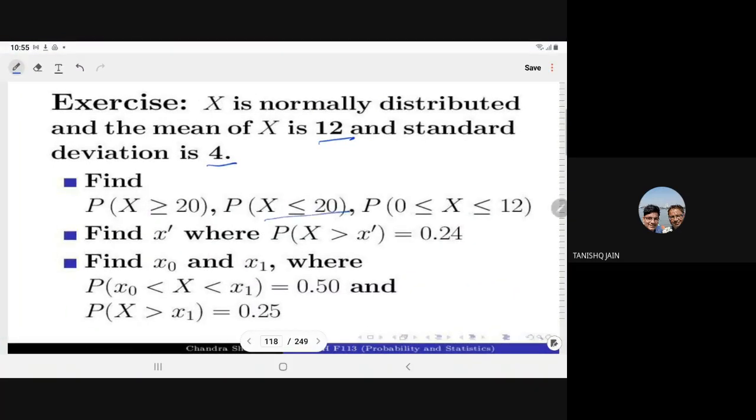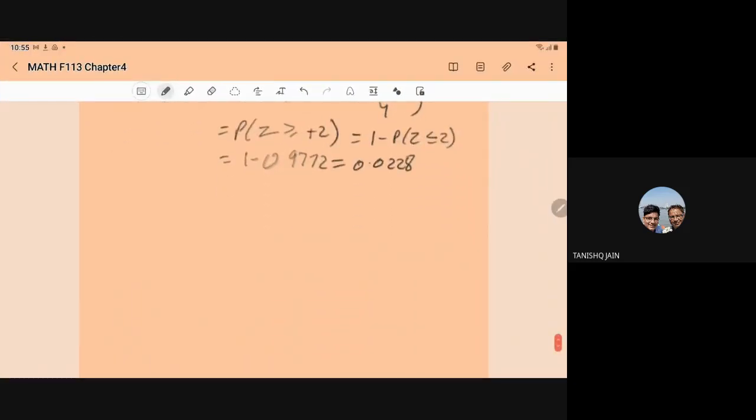So this I think you can do now, right? If x lies between 0 to 12, this can be written as probability of (0 minus 12) upon 4 to (12 minus 12) upon 4, that is x minus mu upon sigma. So 0 minus 12 is minus 12 upon 4, which is minus 3.